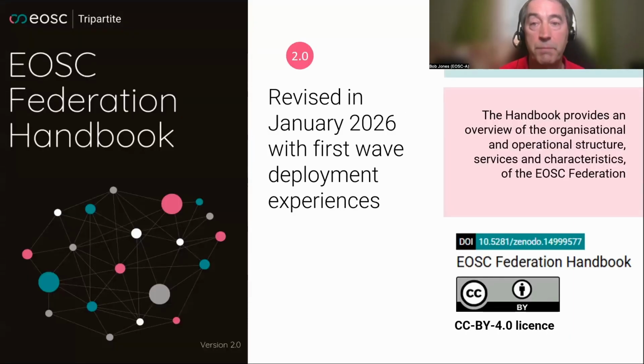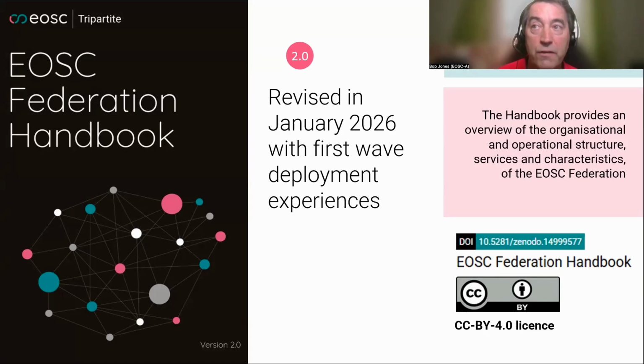So all of that has been picked up, it's been worked on, and there's the handbook, which has been put together by a body of volunteers that's been taken through 2 iterations now. We're now on version 2, which was revised in January of this year, taking into account the experience from those first set of nodes and becoming more precise.